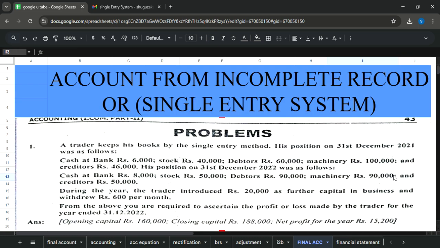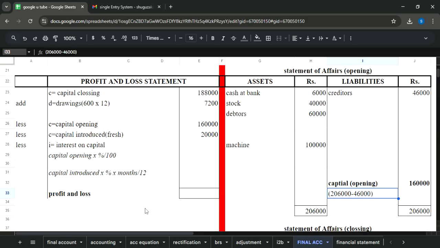Now from the first word to the last word, what we haven't seen is the term interest on capital. It was not present over there. Since the interest rate is not present, you will not be able to calculate interest. So what you will do, simply put 0 over here. All items are completed. Look here, closing capital okay, drawings okay, opening capital okay, capital introduced present, interest was not given, so everything is completed.